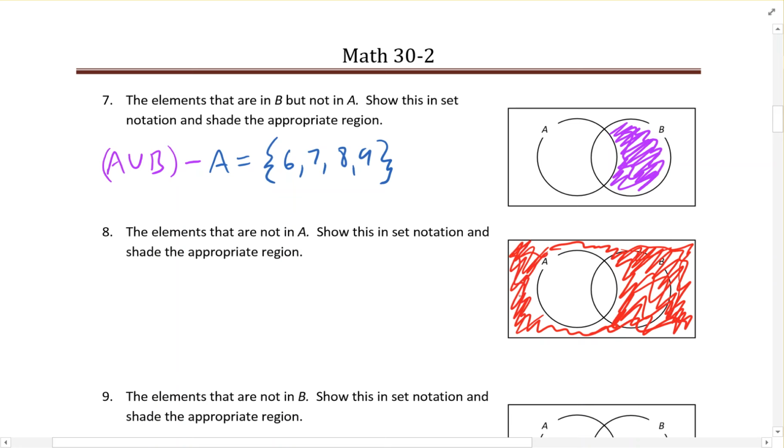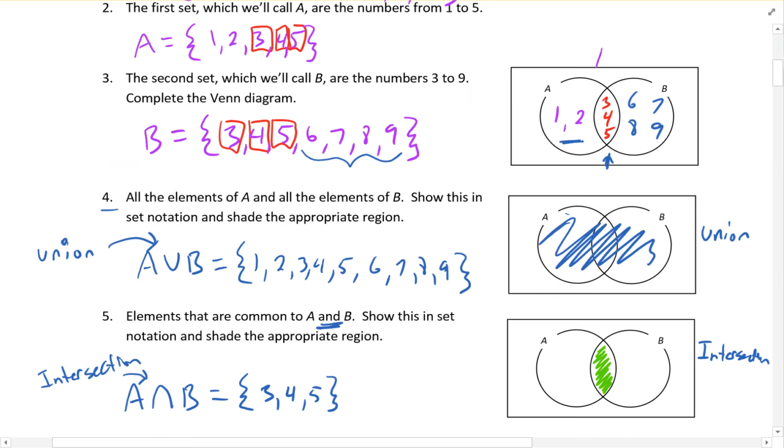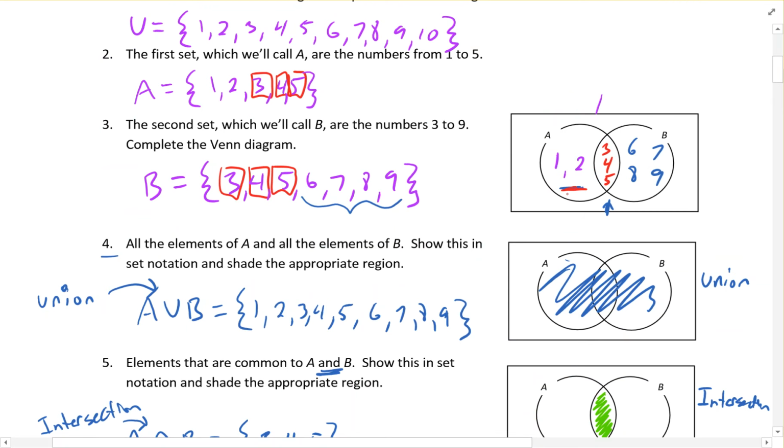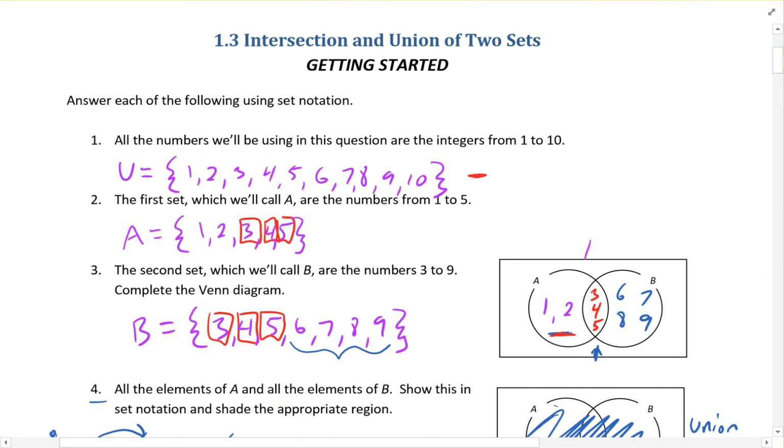So everything not A. Well, we have a name for everything not A. We call that A complement, the A dash there. If you want to make sure you know what that is, that's everything but 1 and 2, right? So I can just write everything else in my original universal set but 1 and 2. So 3 to 10.